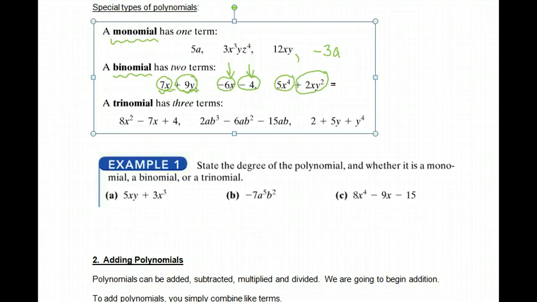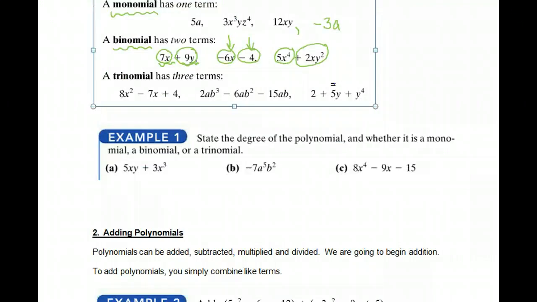The last special type of polynomial that we have is called a trinomial. The prefix tri is indicating that we're going to be dealing with three terms. So an example here is 8x squared minus 7x plus 4.